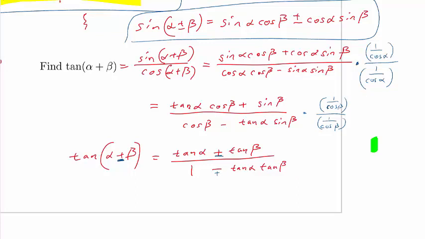So it all ends up being tan of alpha plus or minus beta is tan alpha plus or minus tan beta over 1 minus or plus tan alpha tan beta, right? So whatever you're doing up here will affect these two guys here, okay?